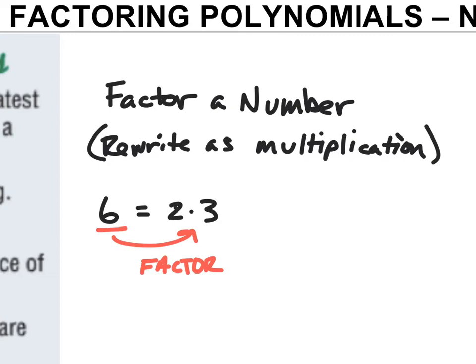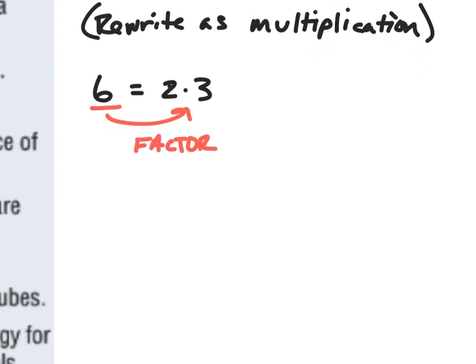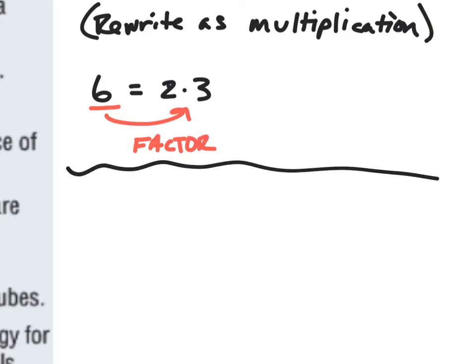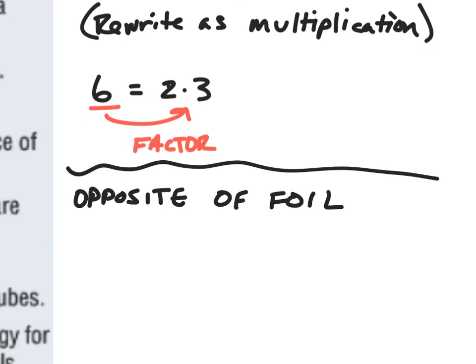Another way to think of factoring is the opposite of FOIL.